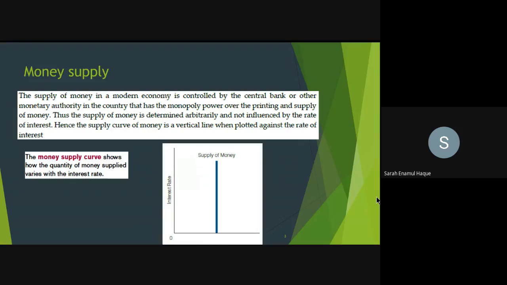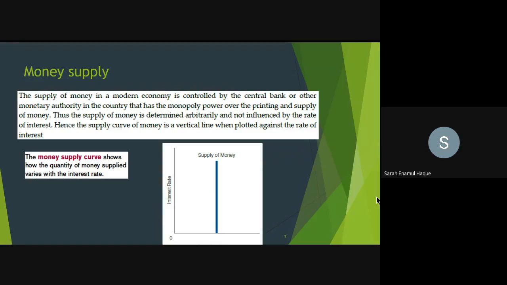So you can see very interestingly, the supply of money in any modern economy is controlled by the central bank or some monetary authority. For us, of course, it is Bangladesh Bank, the central bank. Thus, the supply of money is determined by the central bank and it's not affected by the interest rate.